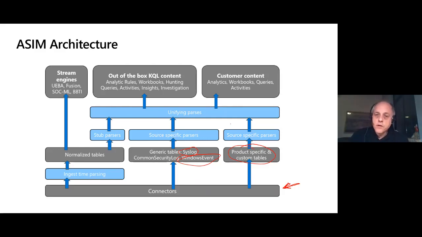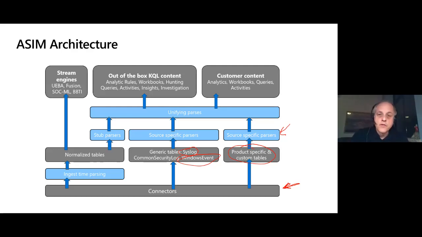There's a source-specific parser, we'll use them later on, that translates a specific source, such as a Microsoft DNS server or an Infoblox DNS server, to the normalized schema. It might be from the source-specific table, so it takes all the data in the table and presents it as normalized, or it might be from the syslog table, in which case the parser will also select only the relevant data for the source.